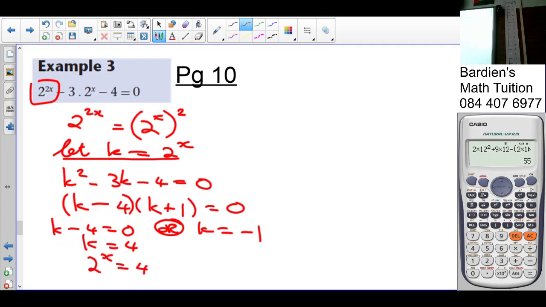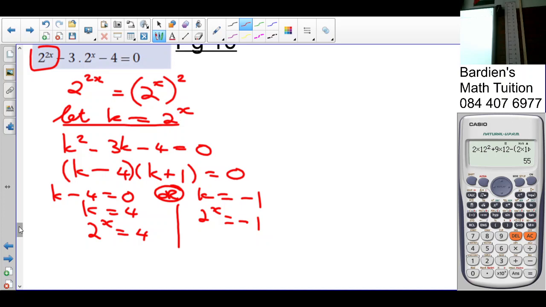2 to the x equal to 4, or 2 to the x equal to negative 1. So let's see here. The base of the same, exponents are equal. So I can write 4 as a base of 2, not so? So 2 to the x is equal to 2 squared. Therefore x is equal to. What can you say about the other side?